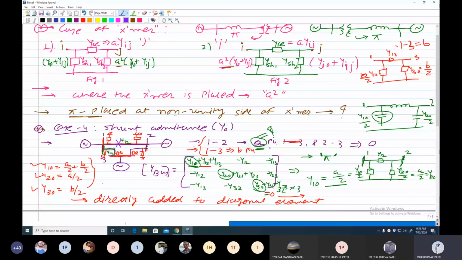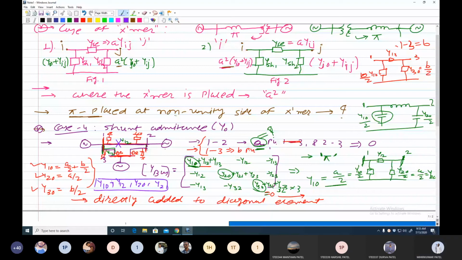The first one is Y10, the second one is Y12, again Y20 and Y21. These four parameters will get affected if one transmission line is removed from this network.